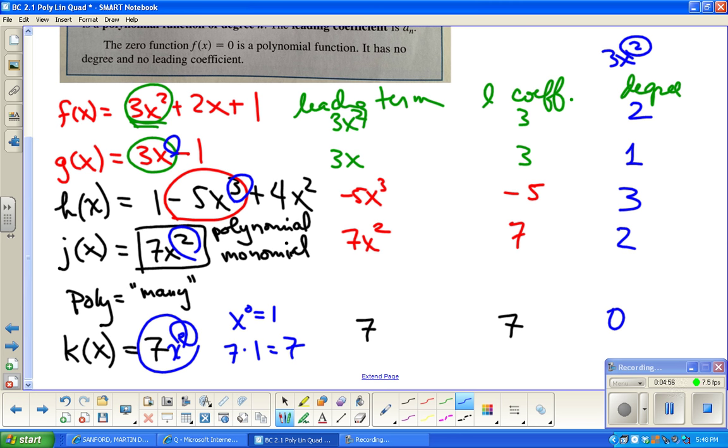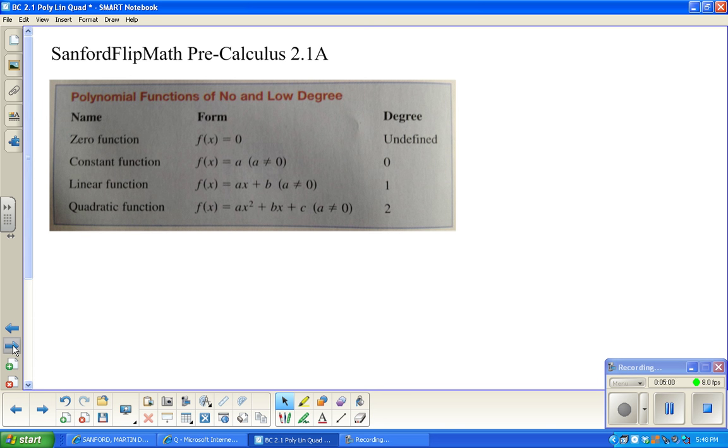Polynomials can be classified based on their degree, and they have certain names. So for instance, if you just have f of x equals 0, the degree is undefined because there's not even a 0x to the 0.